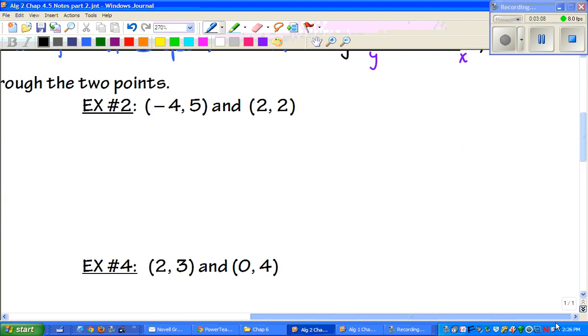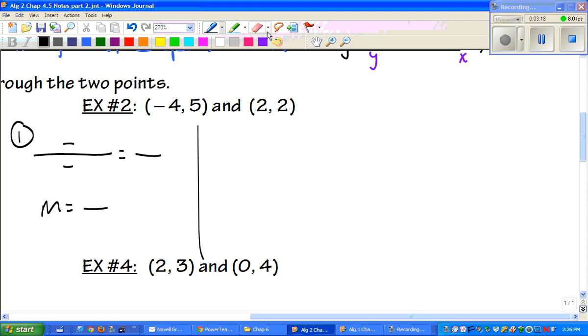Let's do another one. Alright, so the first thing we want to do is to find the slope. Let's see what we get. Y's go on the top. 5 minus 2, 3.